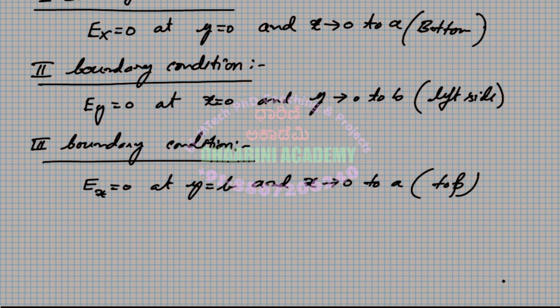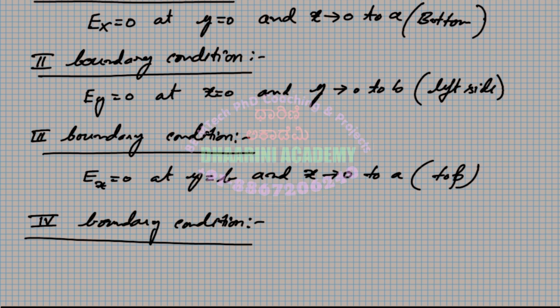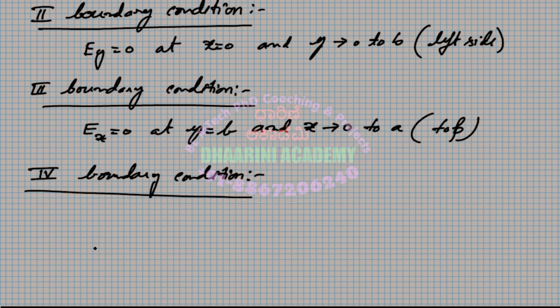Then the fourth boundary condition. The fourth boundary condition should be on the right side wall of the waveguide. Let's try to write that. Here the y component is 0, so Ey becomes equal to 0.